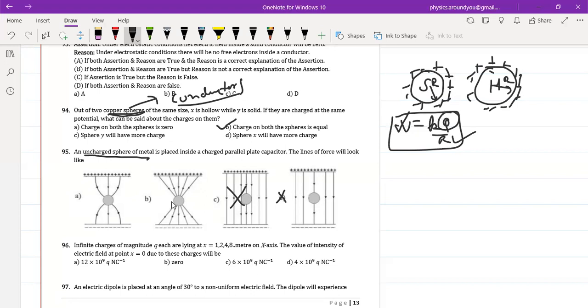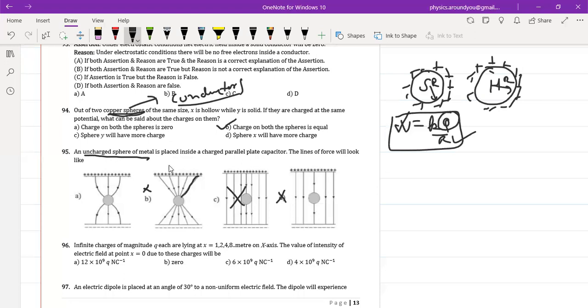Now, what would be the correct option? We know that this can't be right. The reason is the field lines are always curved, right? The field lines won't be deflected straight like this by a conductor. Field lines will always be curved in the presence of a conductor.